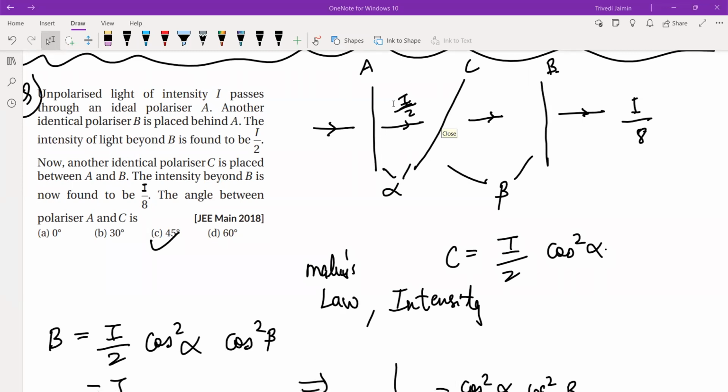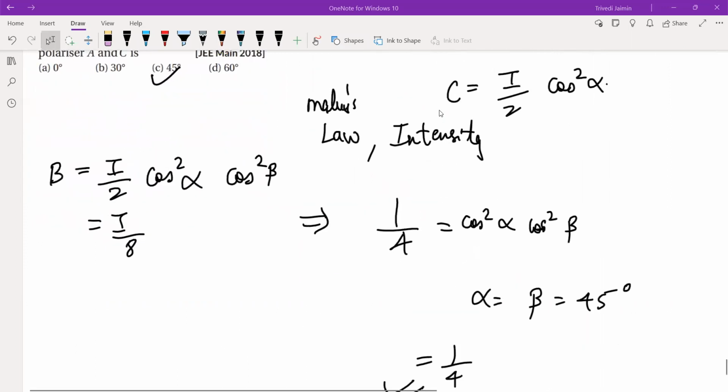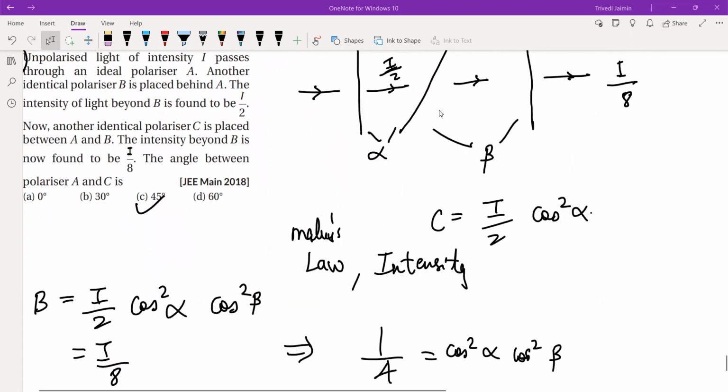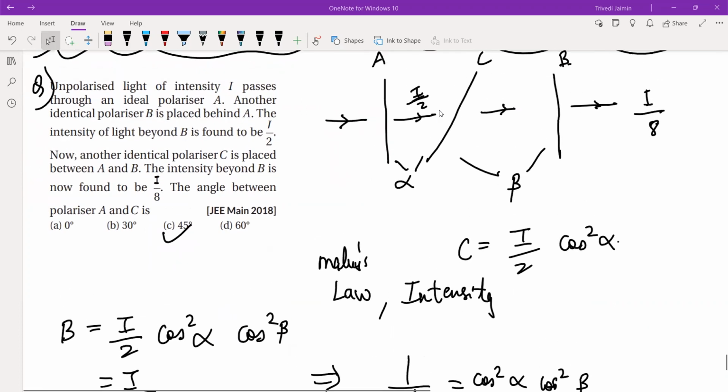Yes or no? Is it a new formula for you, intensity and all?